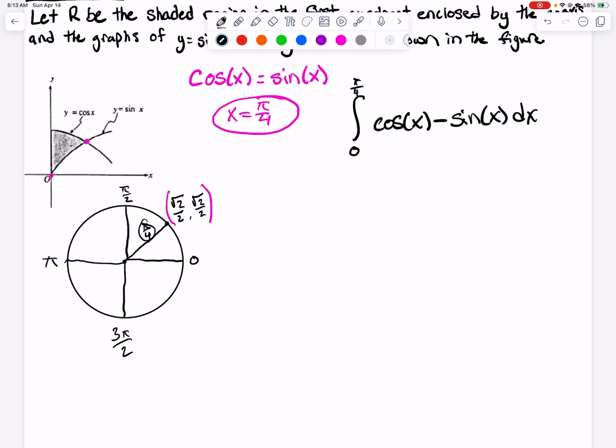So we're going to take the antiderivative. What is the antiderivative of cosine? It is sine of x. This one is tricky. Take a second before you do it. What is the antiderivative of sine?